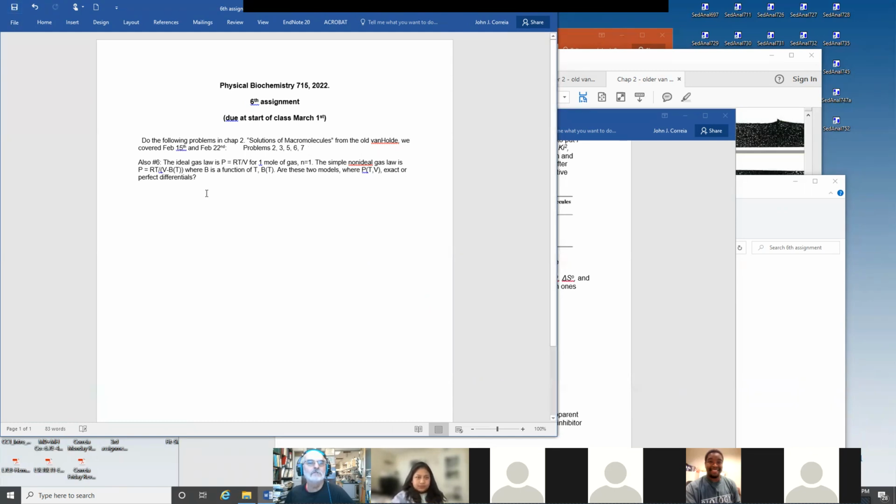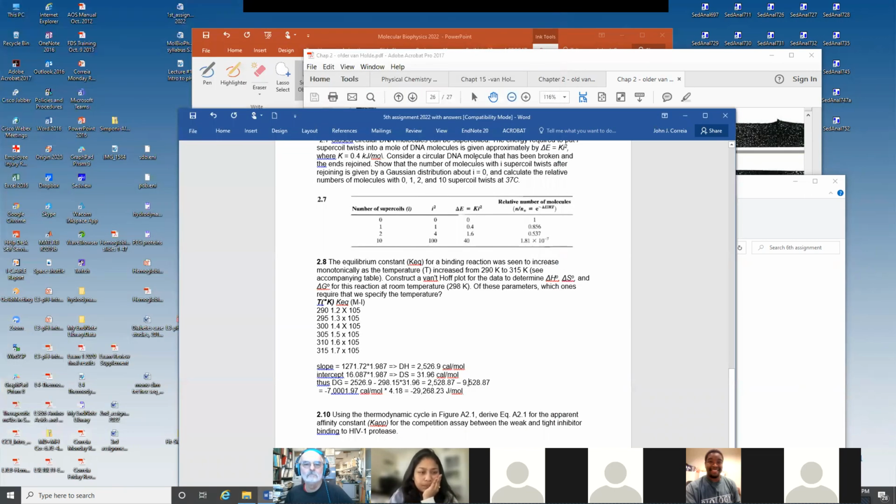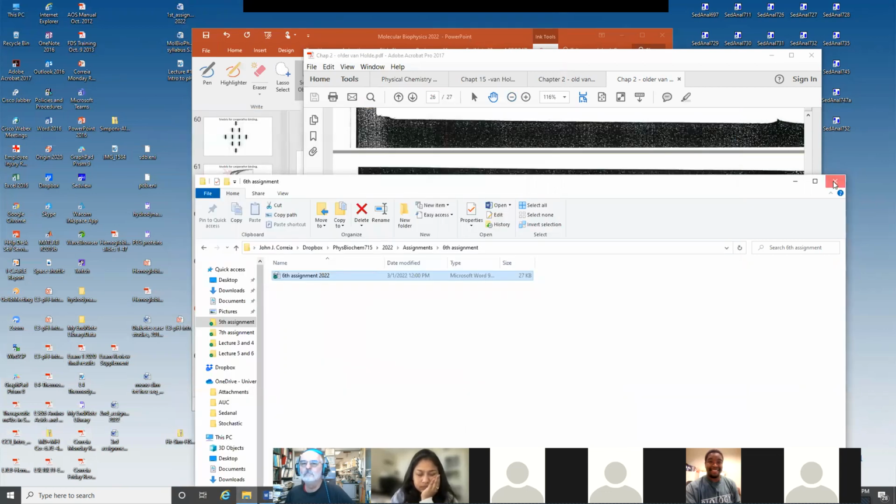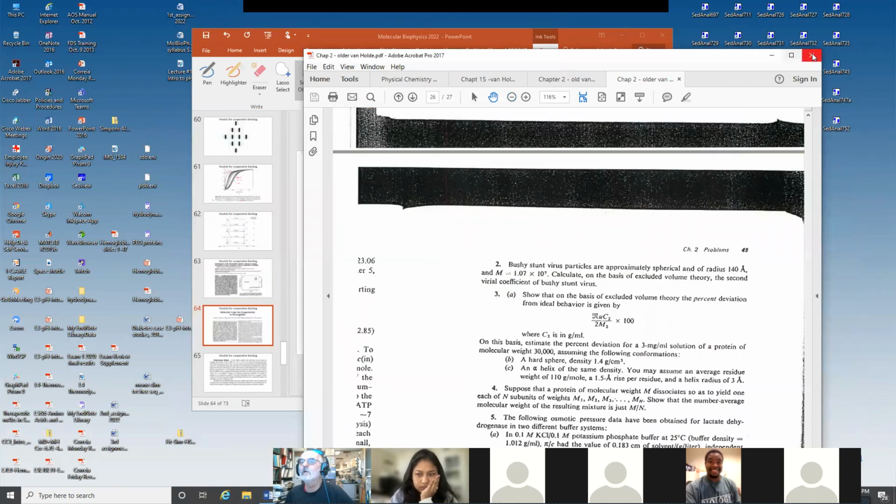So I'll repost this. And then I've added this practice of differentiation by making you do an exact differential for ideal gas and for non-ideal gas. Any more questions? Dr. Correa, I have a question. Yes. On that 6th assignment, the one that you added at the bottom, that's your own problem, not from the book?